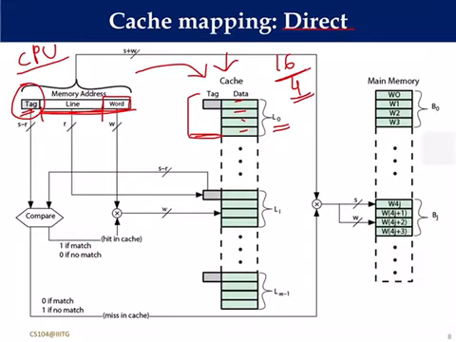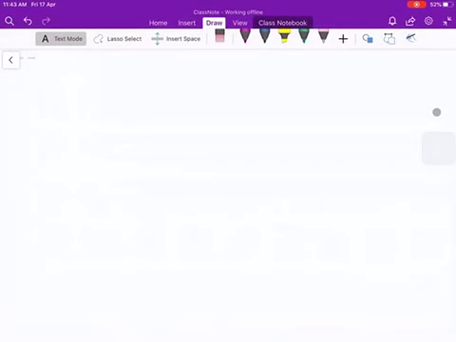When you get the line number, you know that if this is to be in the cache, it has to be in this particular line. The only thing to check is whether the bits stored in this tag match my requested tag or not. To make these things more clear, let us go to some explanation.